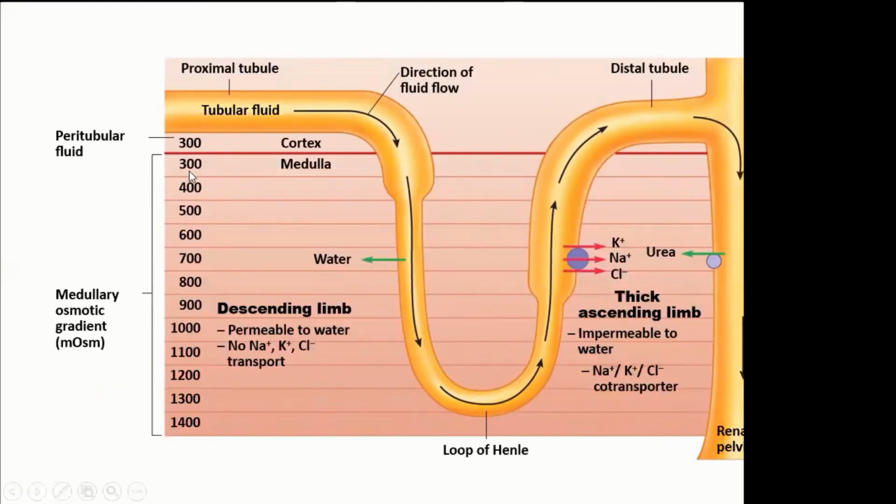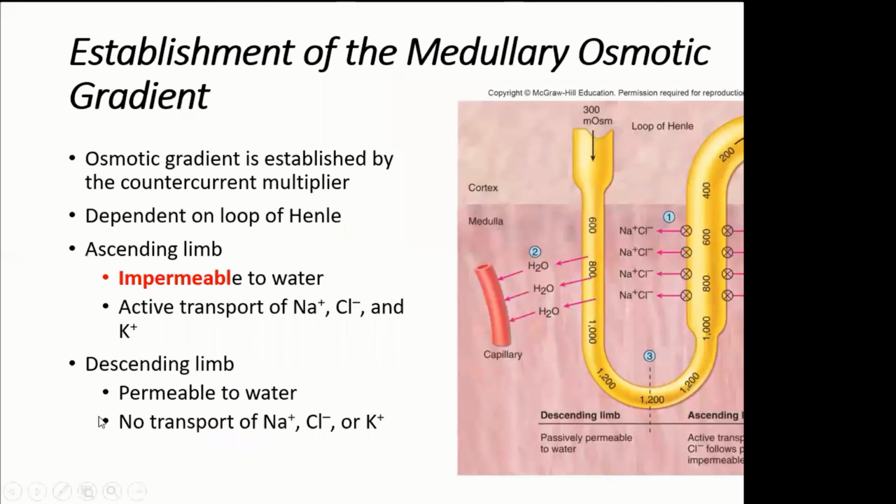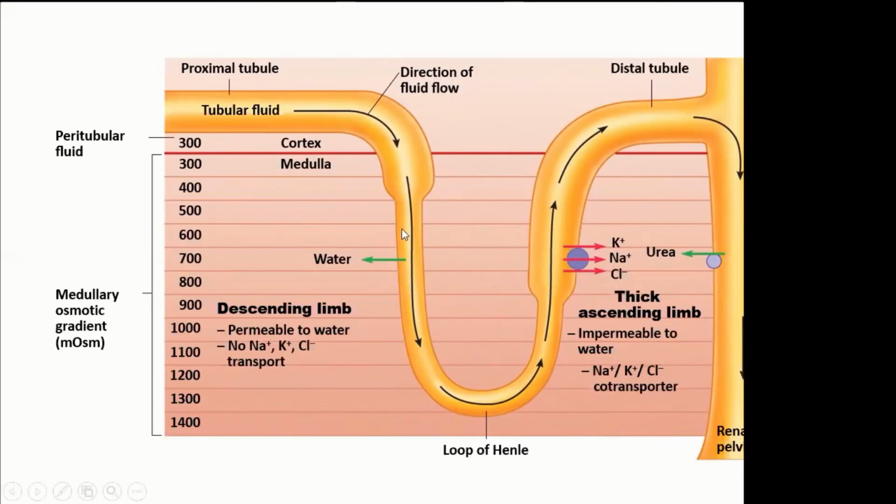But as we dive down into the medulla, there's this gradient. As we get deeper and deeper into the medulla, we have higher and higher osmolarity, so a stronger and stronger pull on the water. So the water in this descending limb is going to be responding to this osmolarity, and it's going to be pulled out of the descending limb.